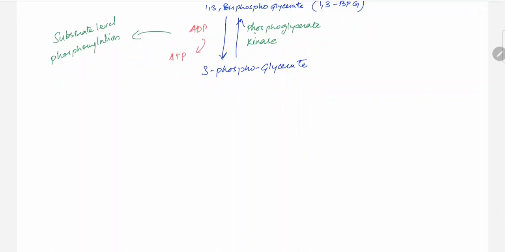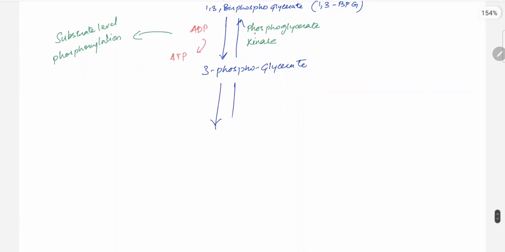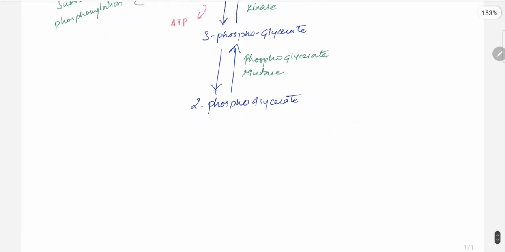So 3-phosphoglycerate is in turn converted into 2-phosphoglycerate with the help of an enzyme called phosphoglycerate mutase. And then 2-phosphoglycerate is converted into phosphoenolpyruvate in the presence of an enzyme called enolase.